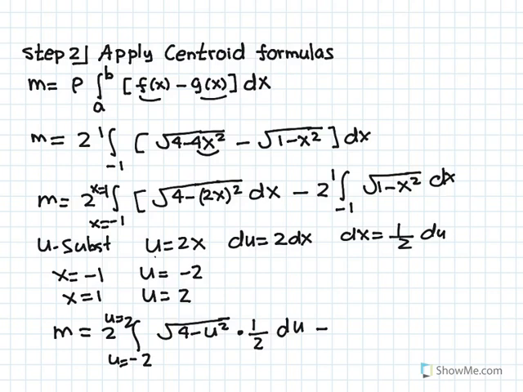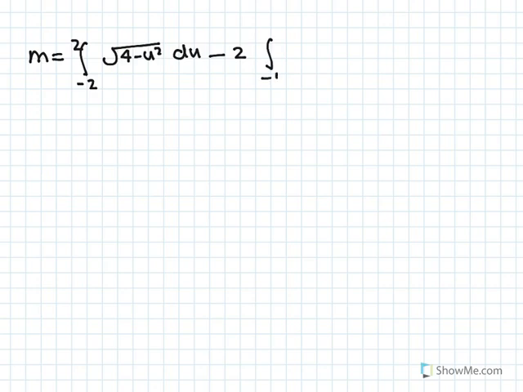Now looking at the second integral, let's just copy that down. Integral from -1 to 1, root of 1 minus x squared, dx. This 2 cancels with this 2, and we're going to solve this integral using geometry. So mass is equal to integral from -2 to 2, root of 4 minus u squared, du, minus 2 times integral from -1 to 1, root of 1 minus x squared, dx.